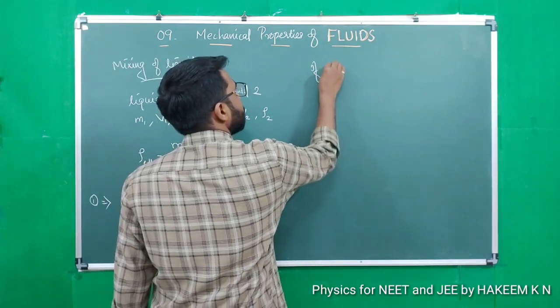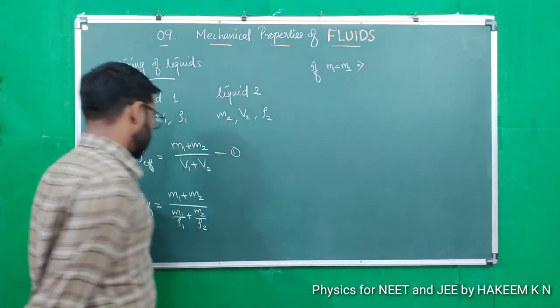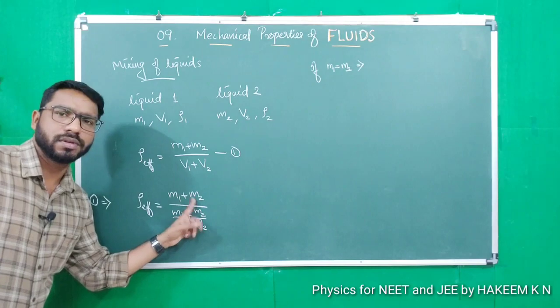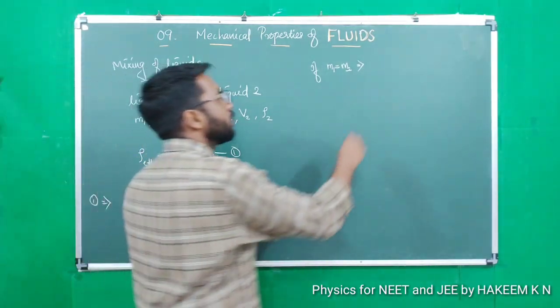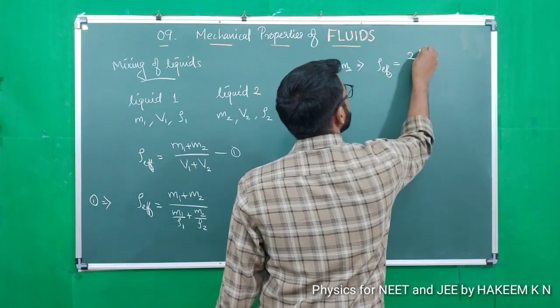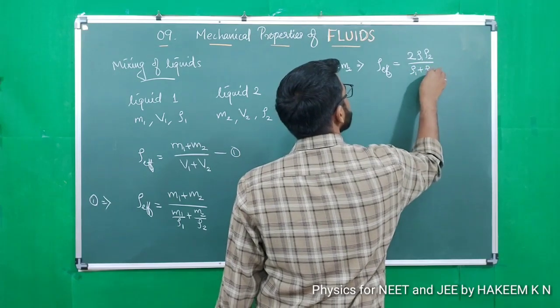If masses are the same, then what will we get? M will be cancelled, 1 plus 1 we will get 2 by (1 by ρ1 plus 1 by ρ2). By calculating we will get rho effective equal to 2ρ1ρ2 by ρ1 plus ρ2.